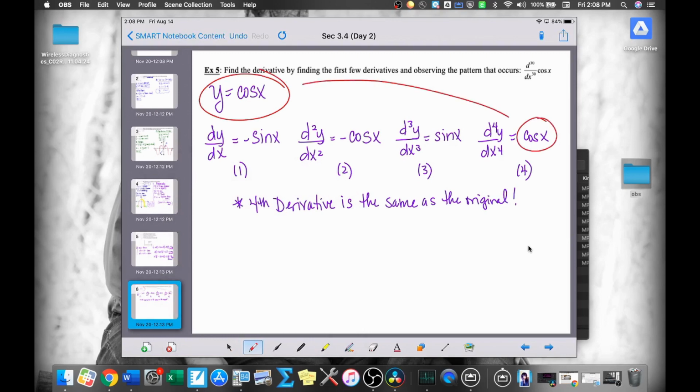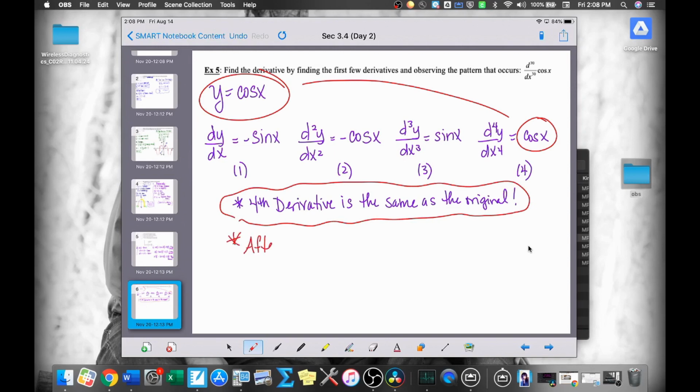Here's our fourth derivative. They are the same. So that tells us that after every 4 derivatives, you are back to cosine x.